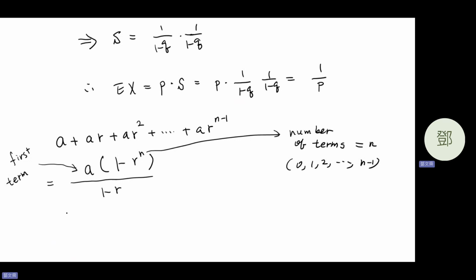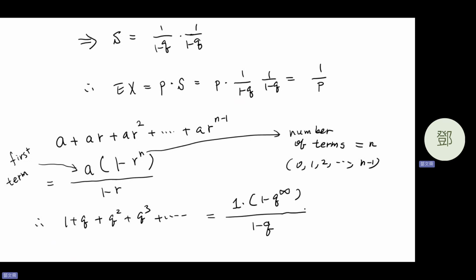So 1 plus q plus q squared, q to the power 3, all the way, equals 1 over 1 minus q. The first term is 1, and the number of terms is infinity.